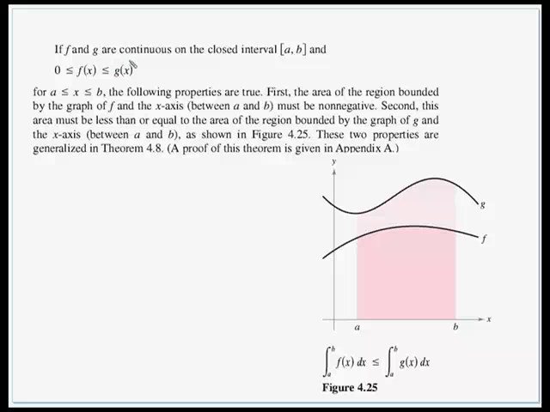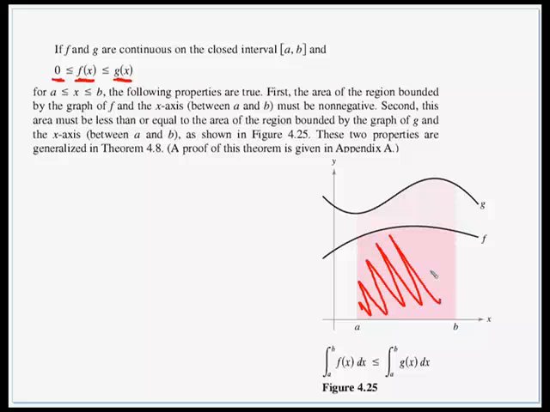Now, if f and g are continuous on the closed interval from a to b, and f of x is always less than g of x, but still greater than 0, so f of x is always under g of x but still positive, still above the x-axis, for all the x's in the interval from a to b, the following properties are true. First, the area of the region bounded by the graph of f and the x-axis must be non-negative.